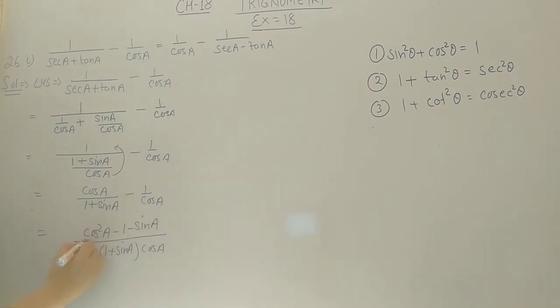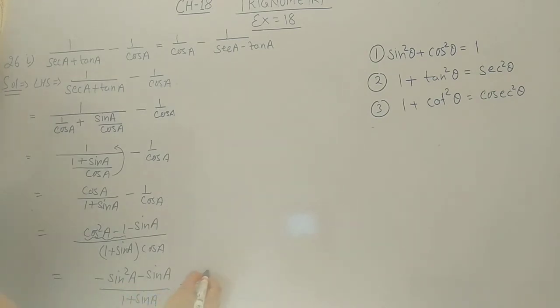So in place of this, with the help of the first identity, we can keep minus sin square A, minus sin A, by (1 + sin A) cos A. We can take minus sin A as common.